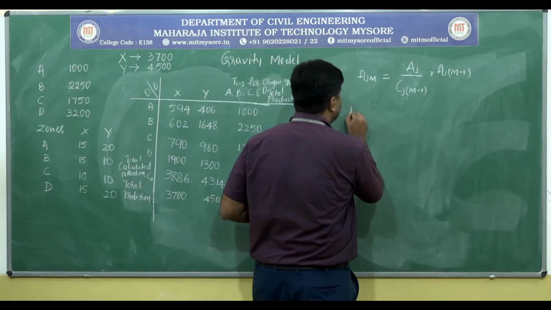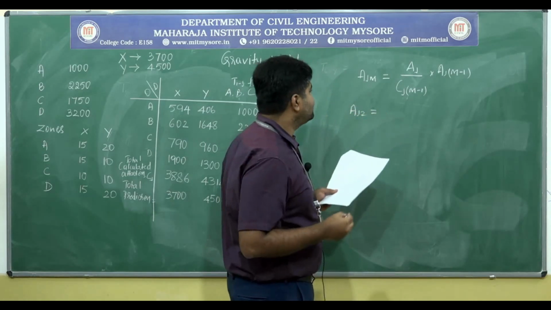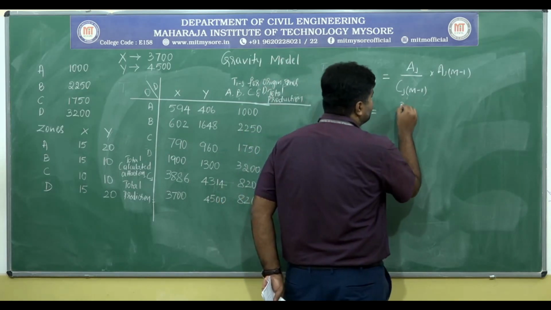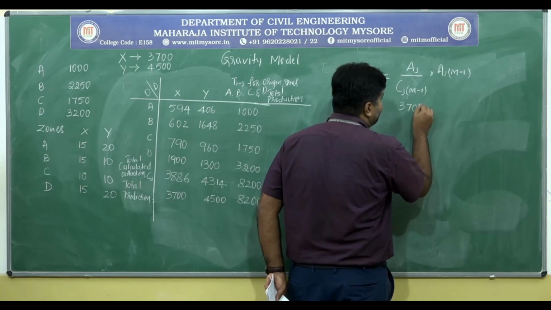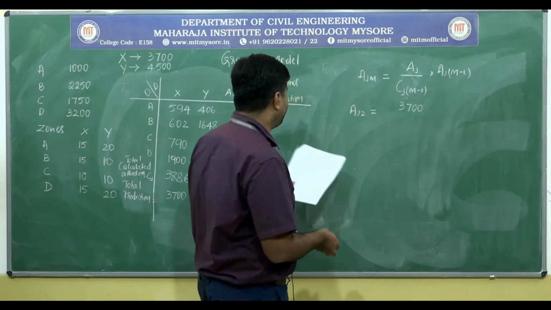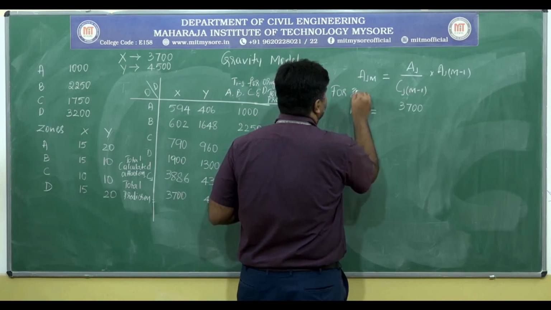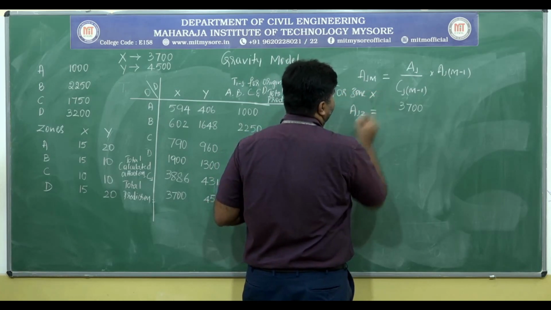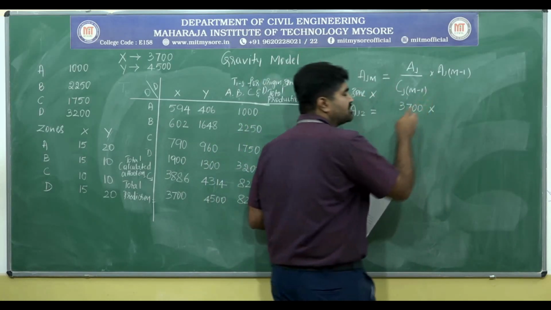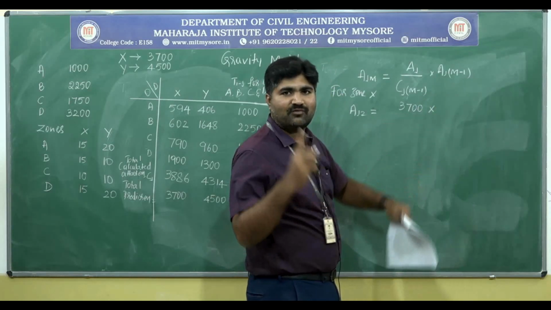Okay, AJ2 indicates the second iteration, where AJ we know is 3700. Okay, see, we are finding for zone X. You can write down here, for zone X, 3700 into, as I told, in the first iteration we took the attraction same, M-1 indicates the first iteration.